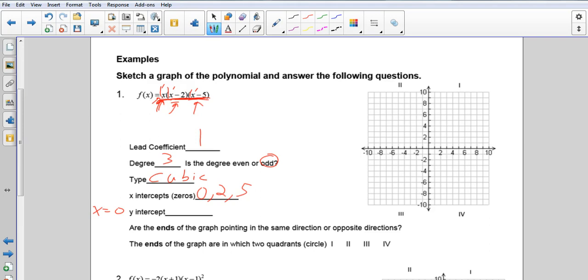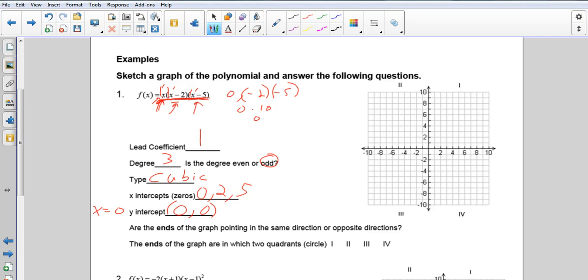So if we put 0 in, we're going to get 0 times negative 2 times negative 5. Well, anything times 0 is 0. So even though this is positive 10, 0 times 10 is 0. So our y-intercept is going to be (0, 0). And remember, we just test that by x equals 0. And we can also look for that in the graphing calculator.